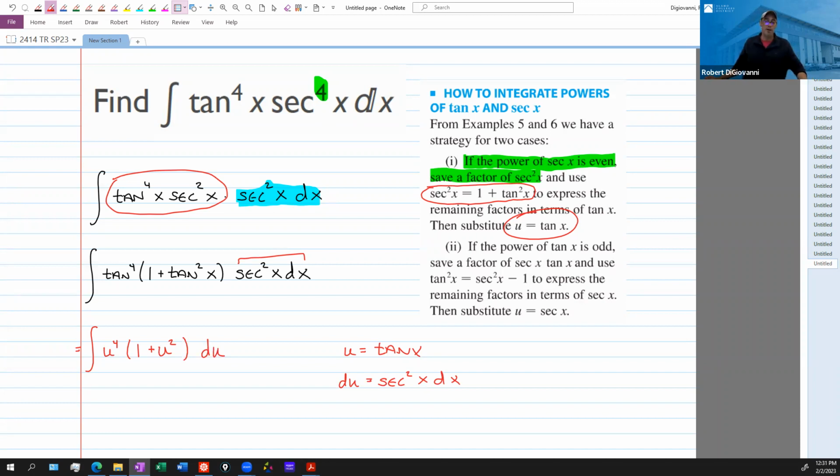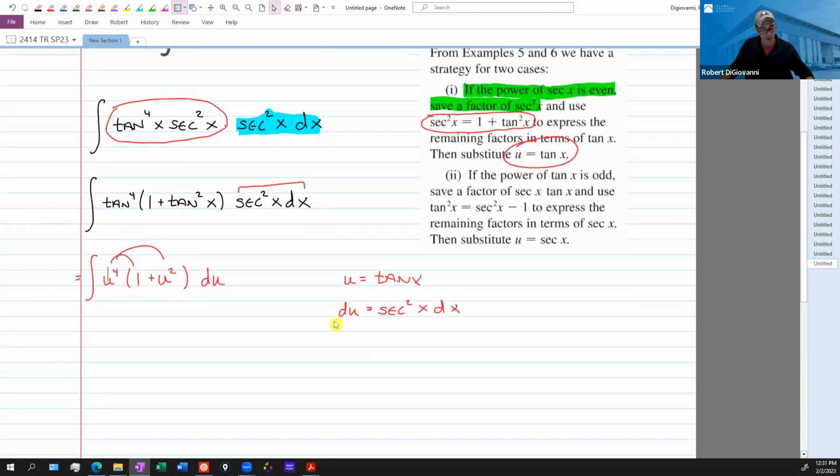So it's actually pretty clean if you look at it now. Distribute, so I get a nice clean polynomial. Add exponents, right? And now power rule: 1/5 u to the 5th plus 1/7 u to the 7th plus c.